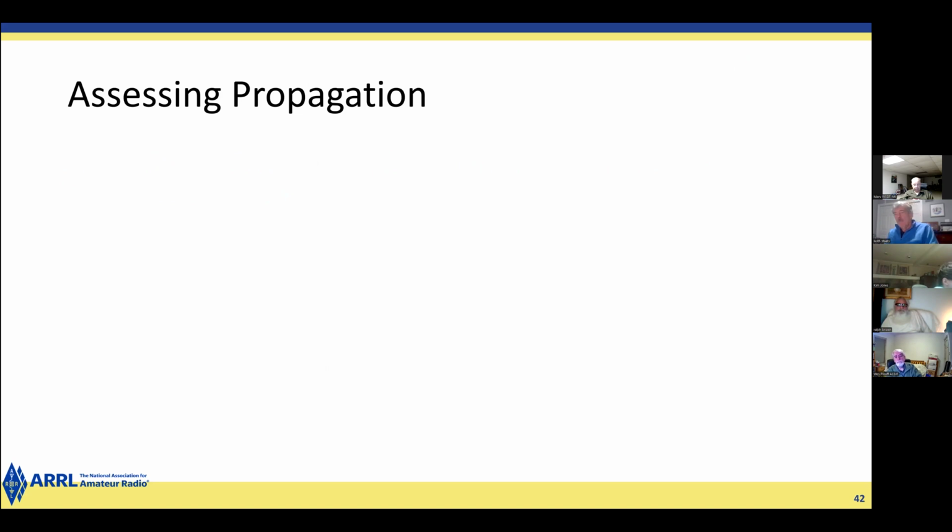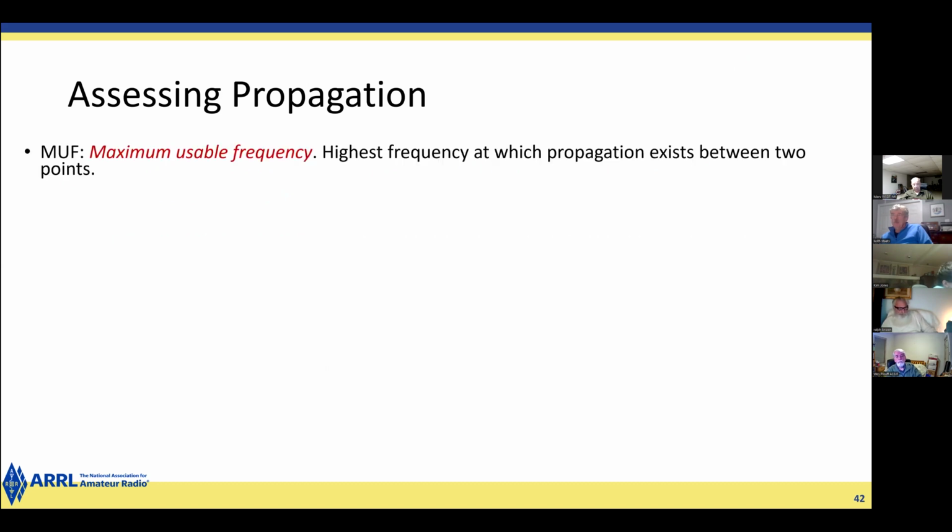Okay, so let's talk about assessing propagation. There are measures of propagation from point to point. In other words, if you want to talk to somebody in, let's say, Munich, Germany, about Oktoberfest, over that point to point circuit there is a measure called the maximum usable frequency, which is the highest frequency at which propagation exists between 2 points.